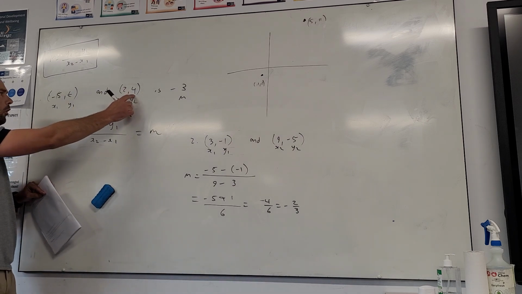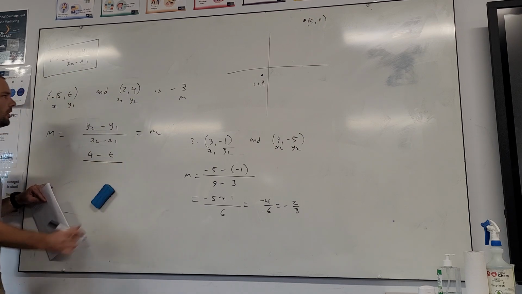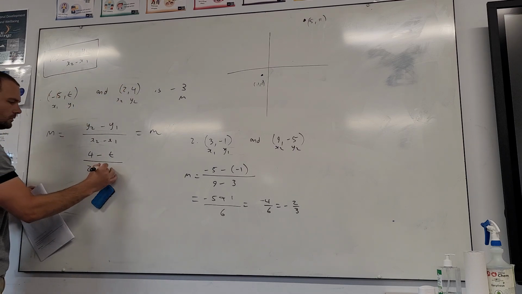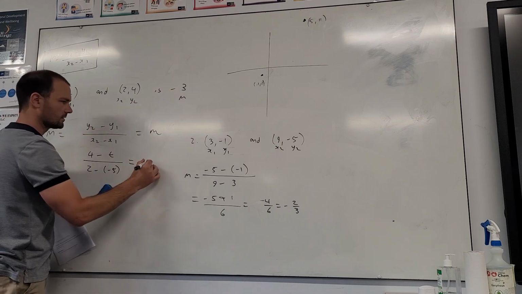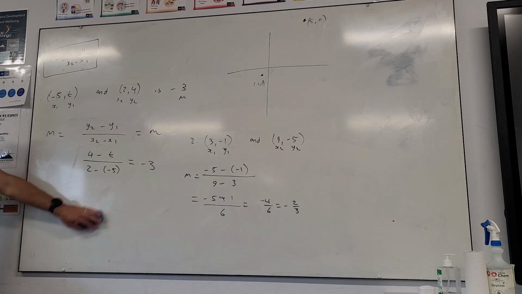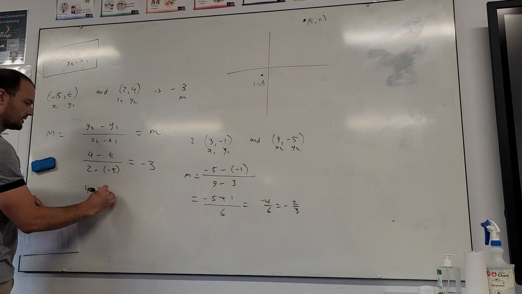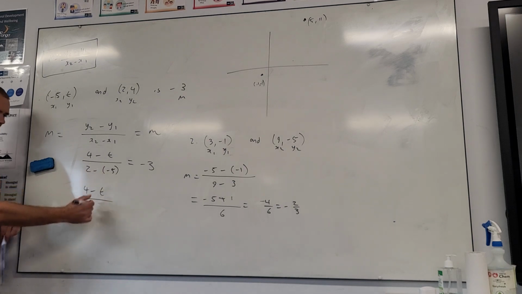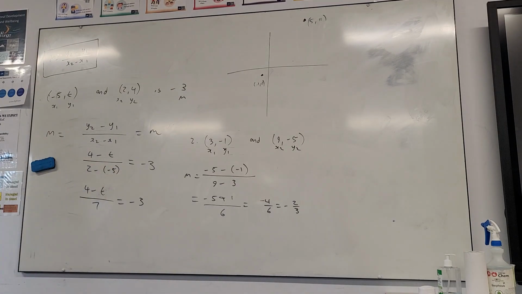We have 4 take t divided by 2 take minus 5 is equal to minus 3. So we'll have 4 take t on top of 2 take away minus 5, that's 2 plus 5, on top of 7. And this is a linear equation.